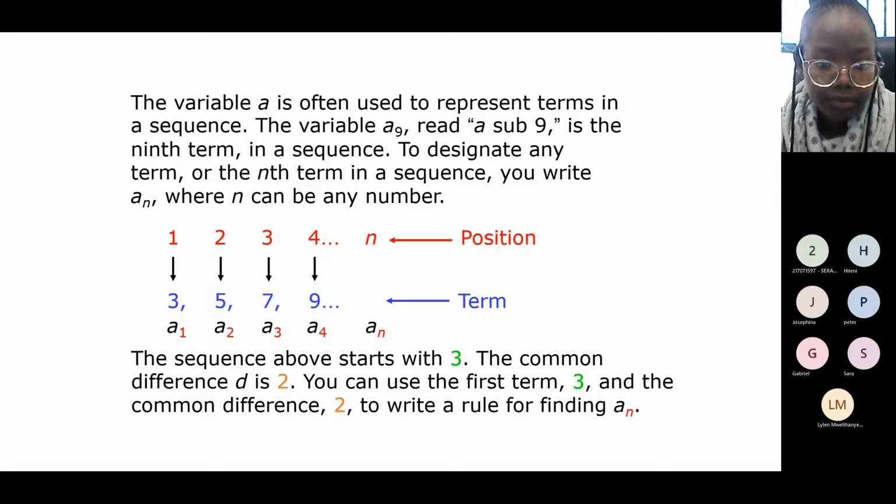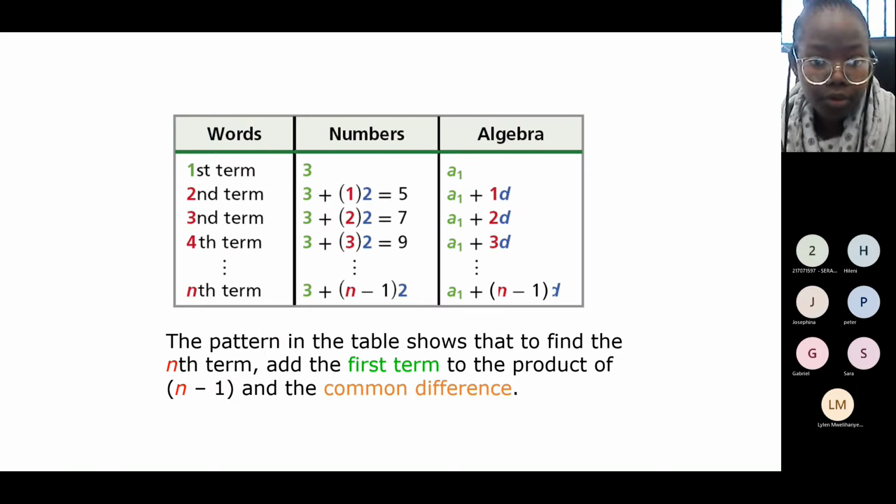The first term, the second term, the third term are called the nth term based on their position. So the formula is a sub n equals a1 plus (n minus 1) times d. This means the first term plus n, the position of whatever term you are being asked for, minus 1, in brackets, times d, which is our common difference that we just discussed.